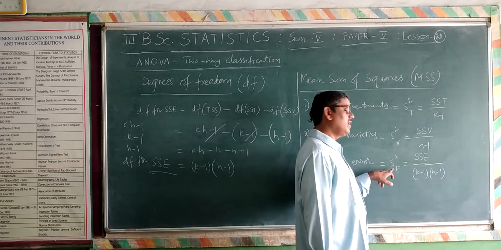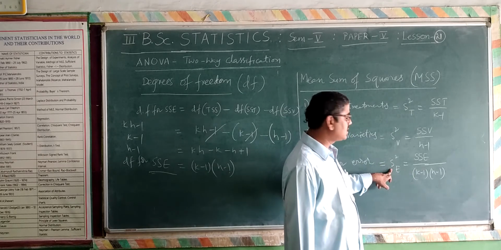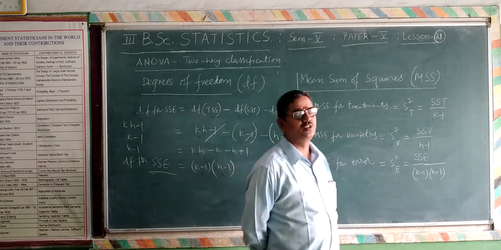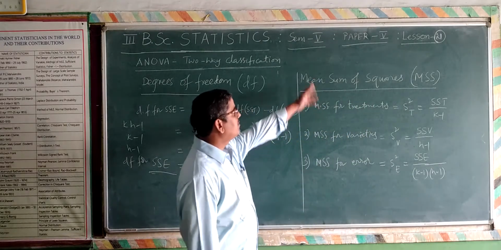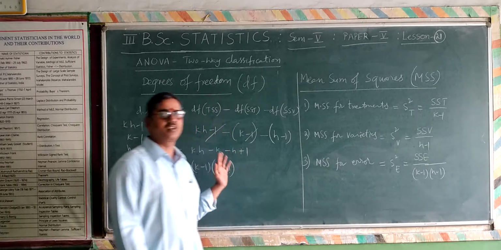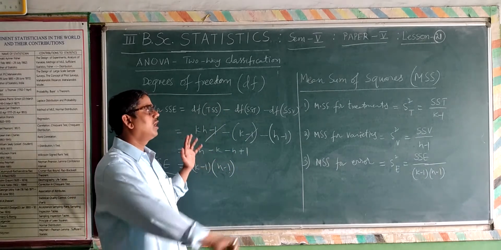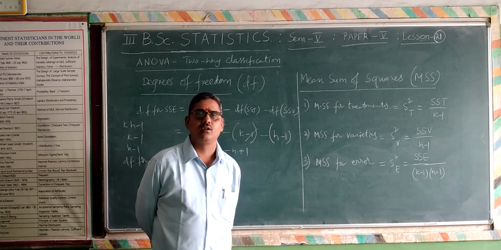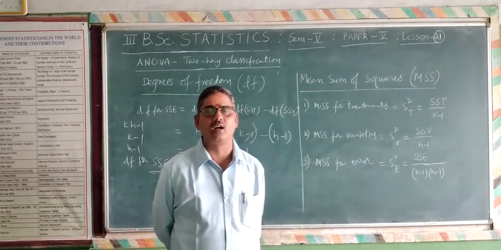Therefore, S square E is equal to SSE by k minus 1 and h minus 1. So these are the formulas for mean sum of squares, and this is the degrees of freedom. In this lesson, I have concentrated on degrees of freedom and mean sum of squares for two-way classified data. Thank you.